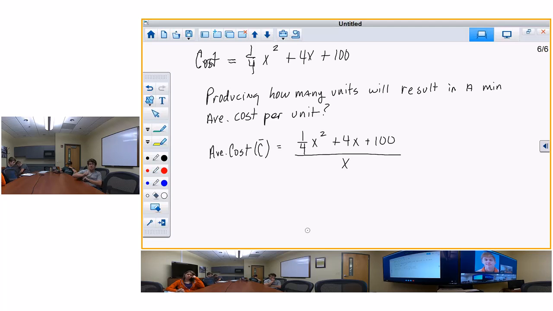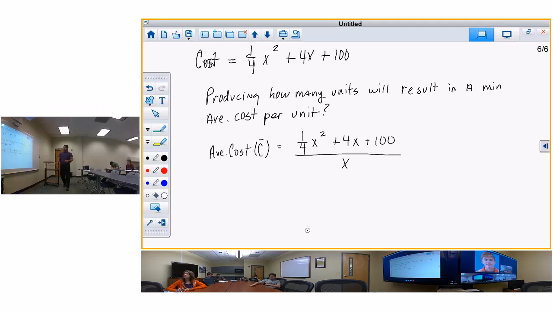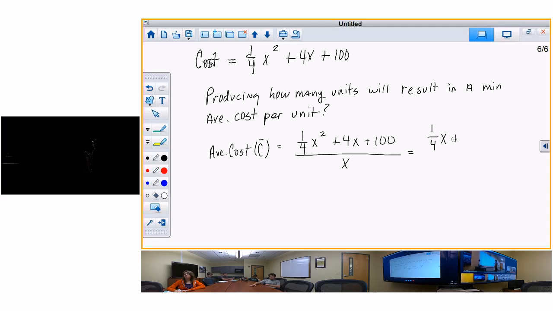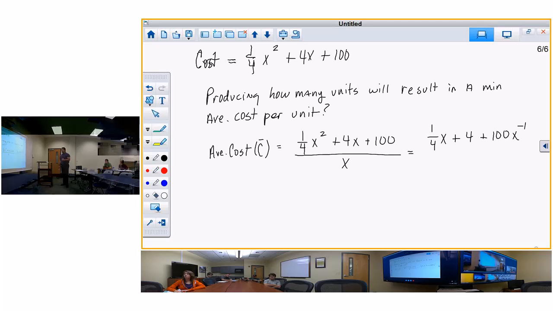So if you hadn't screwed it up, you're going to get 1/4 x plus 4 plus 100 x to the what? Negative 1. The reason you have the negative 1 is because you want to rewrite it, because you're going to take the derivative and you need that exponent up there.